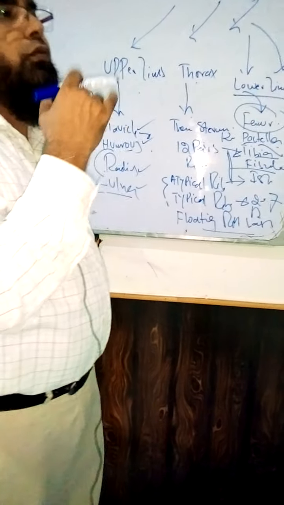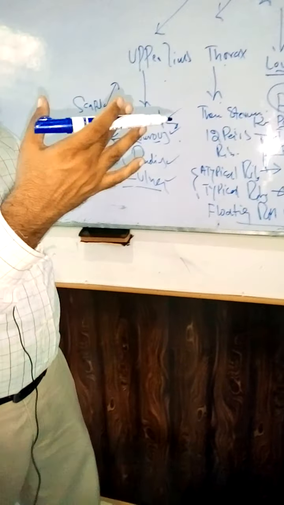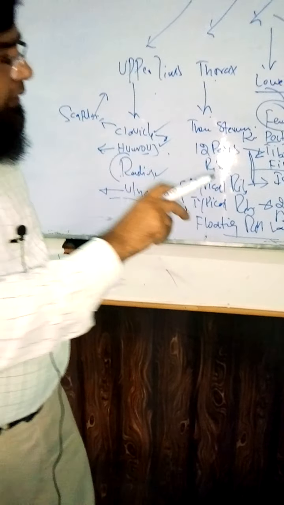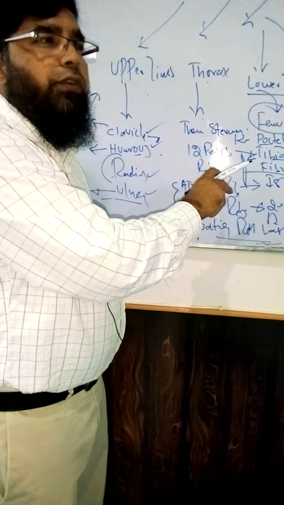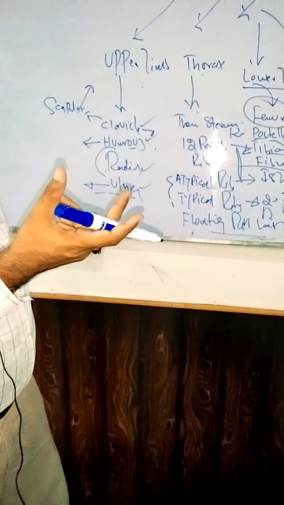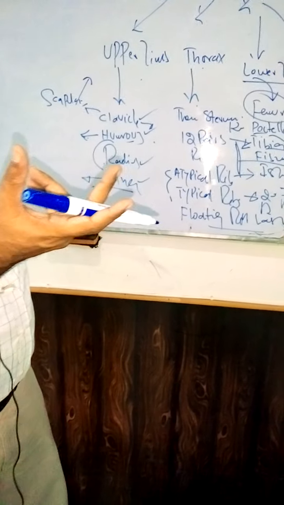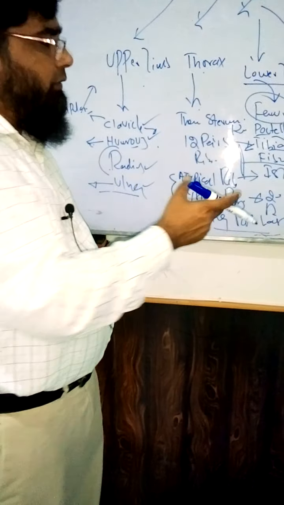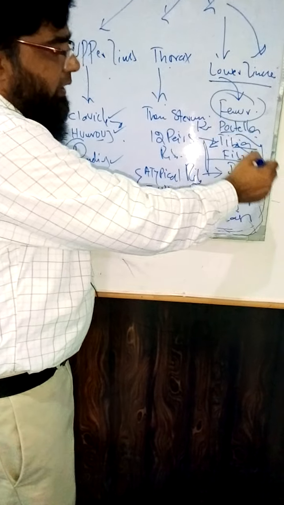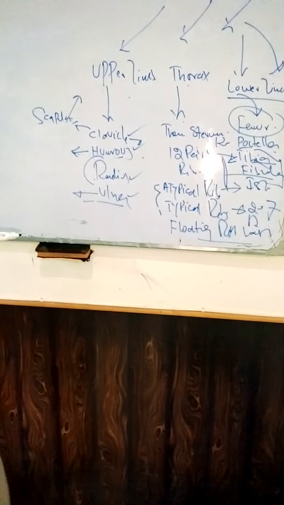If you move fast or run, you will feel pain in the shin muscles. Someone thinks it's a pain of the bone, but it's not. It's a pain of the muscle. Then there is a thin bone on the side of the tibia, called the fibula.